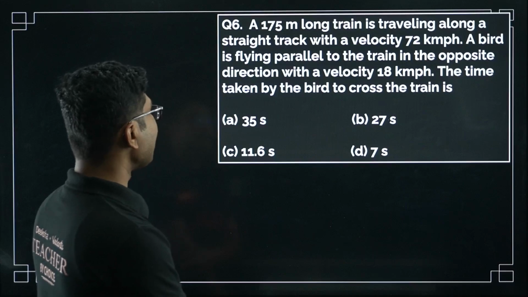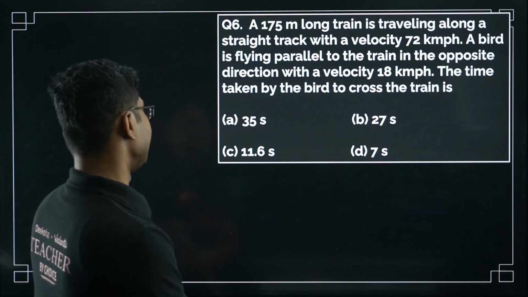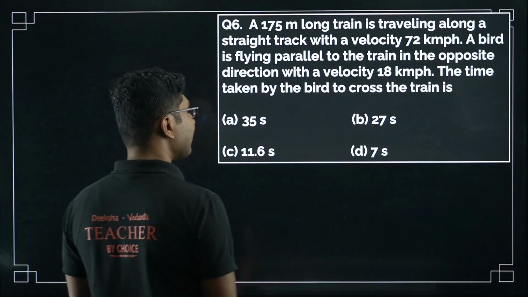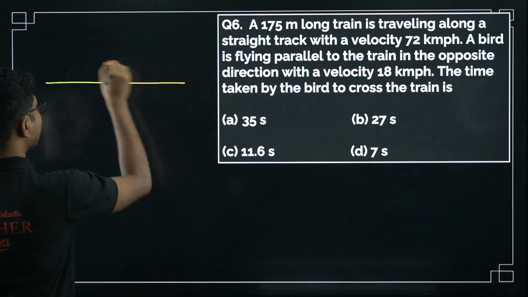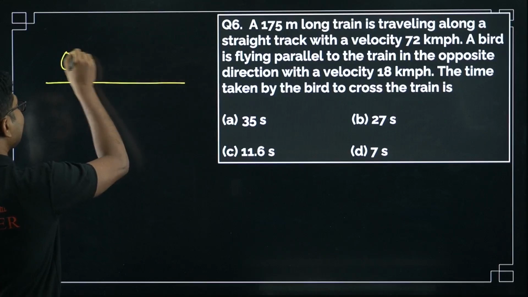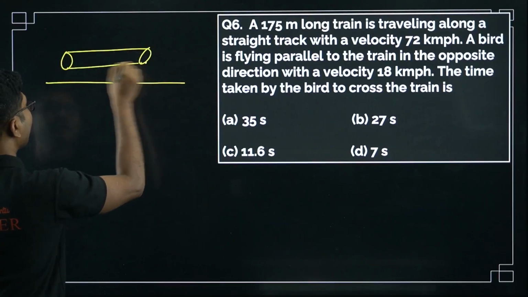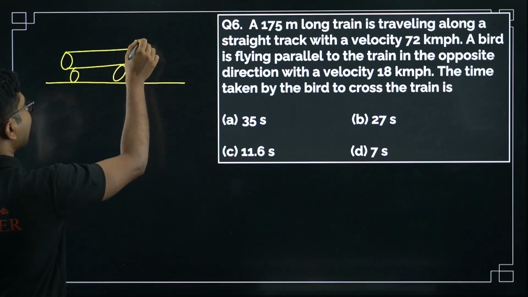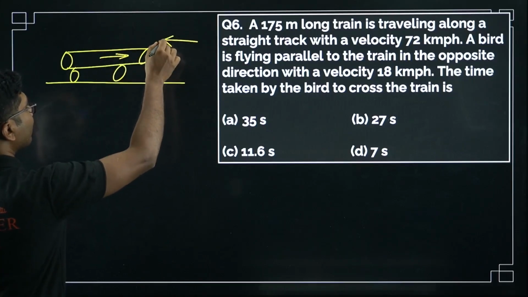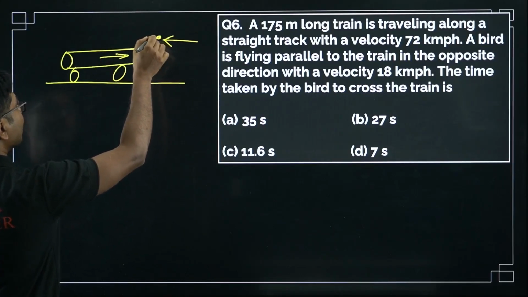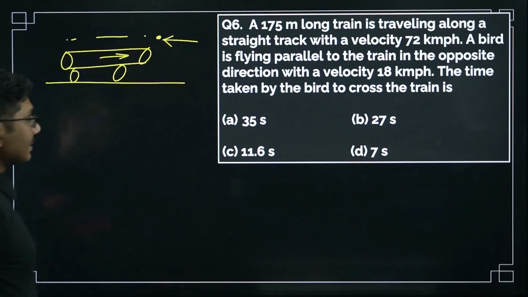The time taken by the bird to cross the train is... This is a question you used to solve in, I think, 7th or 8th grade, the train-track question in mathematics. A train is moving with some speed and the bird is flying, so the bird is just a point. What is the distance traveled? You have to consider the distance.